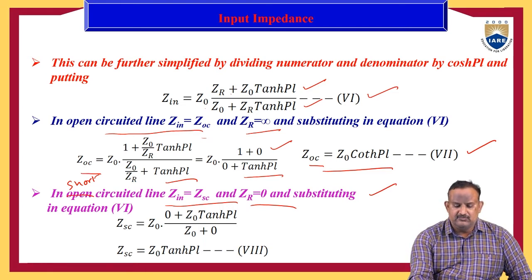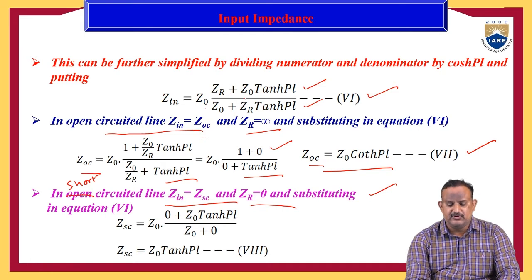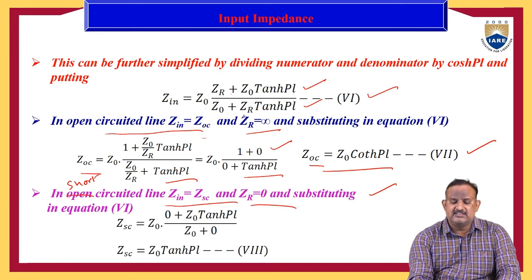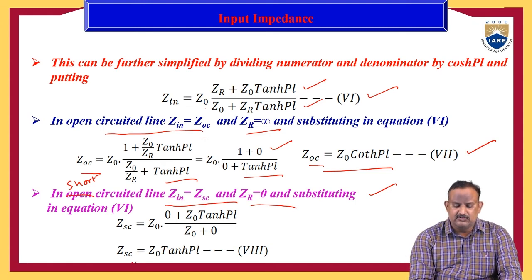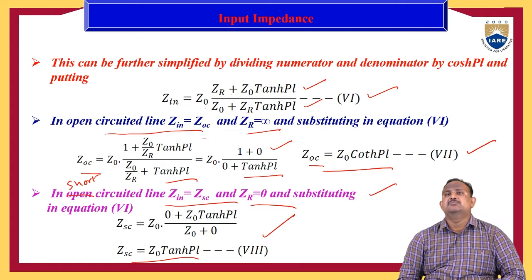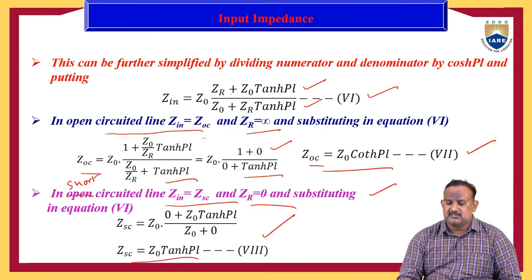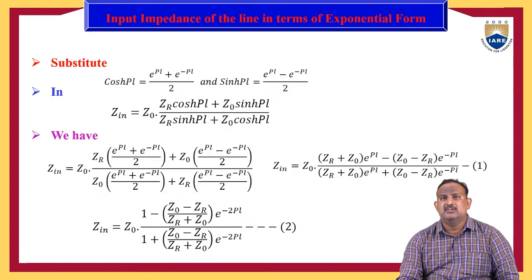Therefore, the equation becomes ZSC equal to Z naught into 0 plus Z naught tan HPL by Z naught plus 0. Z naught cancels, so ZSC equal to Z0 tan HPL. So these are the two input impedances of a transmission line: short circuited impedance and open circuited impedance.